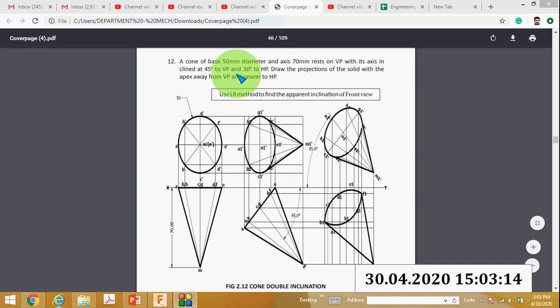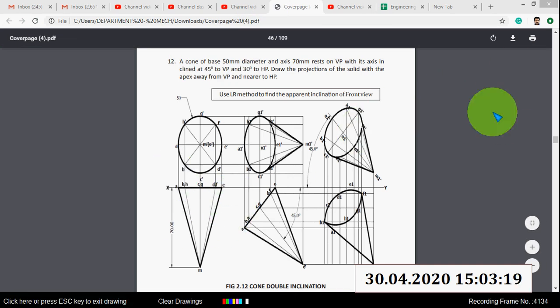Okay, so once again I will explain. First you have to draw the front view of this cone. It is a circle, then project it and you will get the triangle. Then tilt this object such that the axis inclination is 45 degrees, then project this. Then tilt this object such that the HP inclination is 30 degrees.